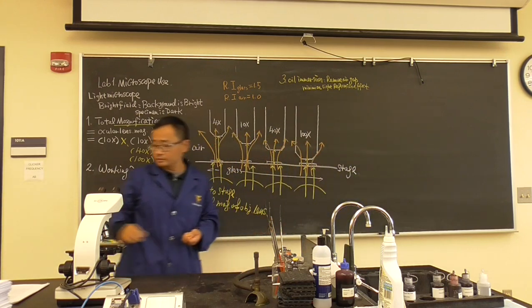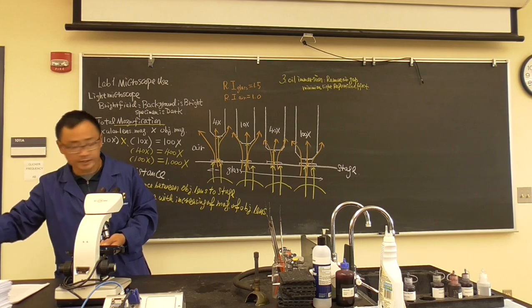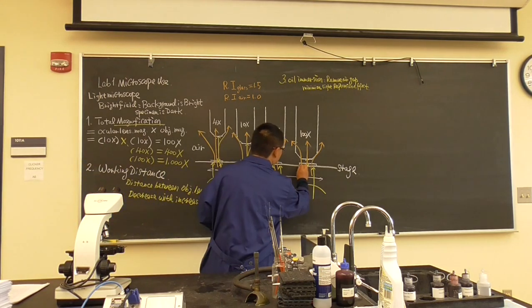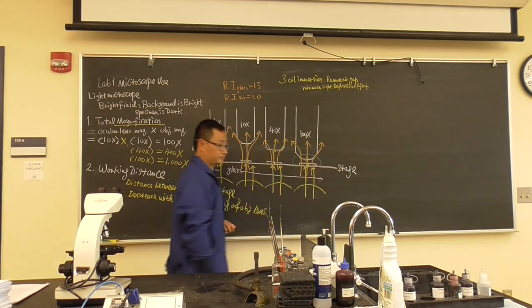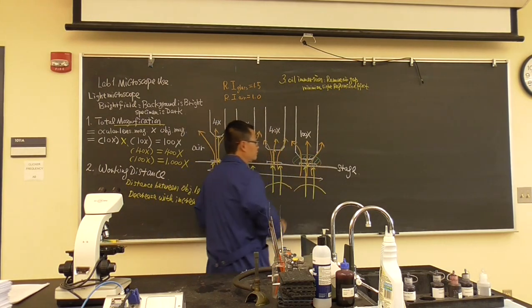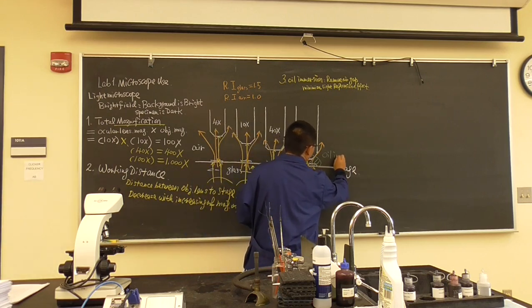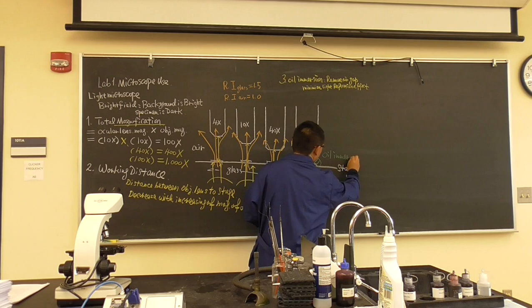So how do we do it? We usually add 1 drop of the oil right here. A big drop has to cover the objective lens. That's called oil immersion. Now, why do we use oil?